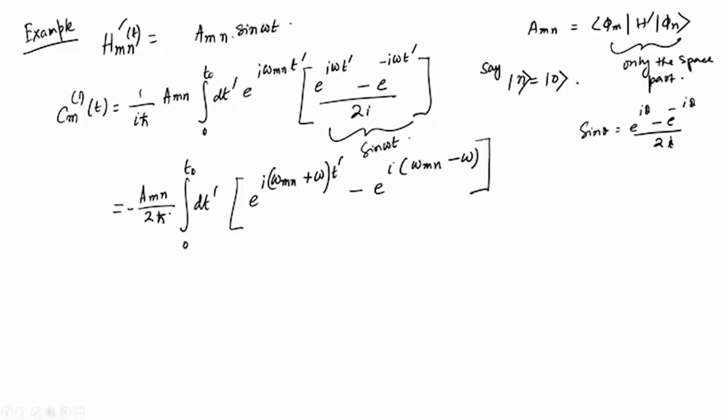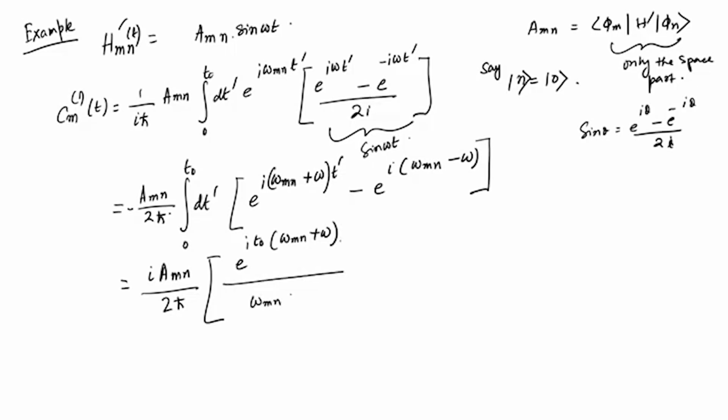So, that is the term that we have, and we can integrate this, and what we get is i a_mn divided by 2ħ, and we have exponential i t_0 (ω_mn + ω) divided by (ω_mn + ω), minus exponential i t_0 (ω_mn − ω) divided by (ω_mn − ω).